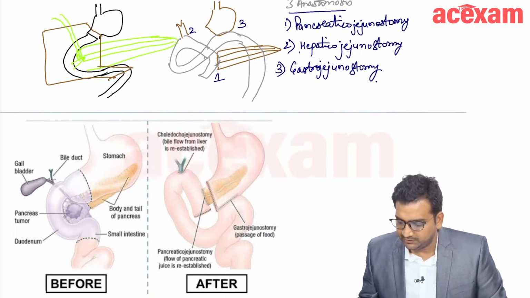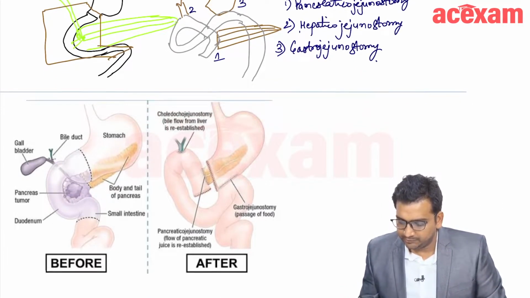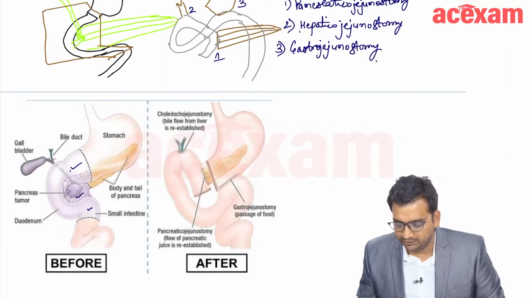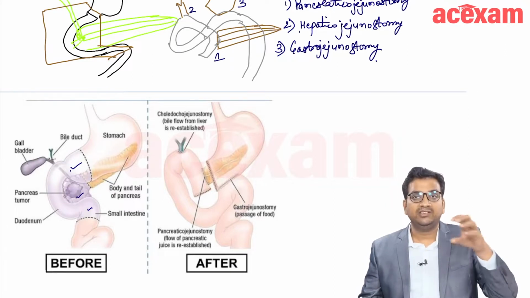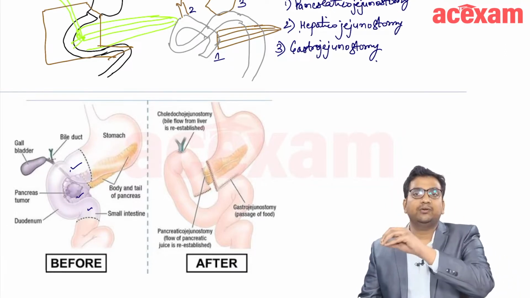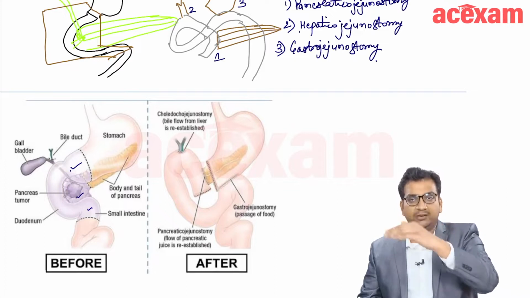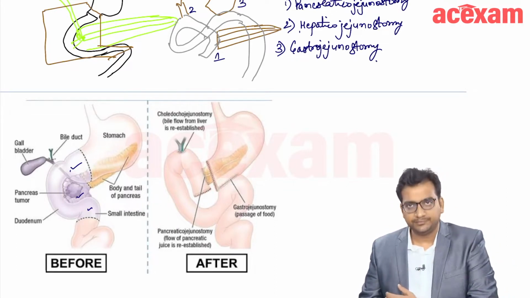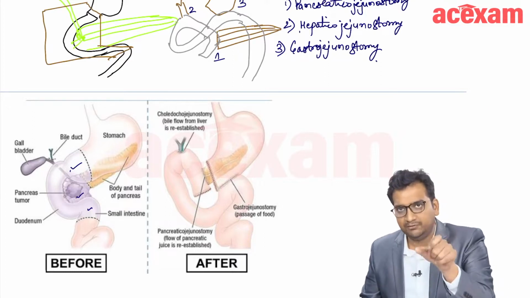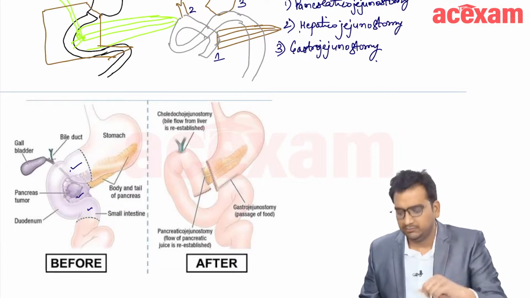You can see this picture here also, that this portion of the stomach is removed, whole of the duodenum is removed, head of the pancreas as well as neck of the pancreas is removed till the bile duct along with the gallbladder. Okay, because cystic duct joins the CHD to form CBD. So if we are resecting whole of the CBD, we'll have to remove the gallbladder along with the CBD, and we'll have to anastomose the common hepatic duct to the jejunum.